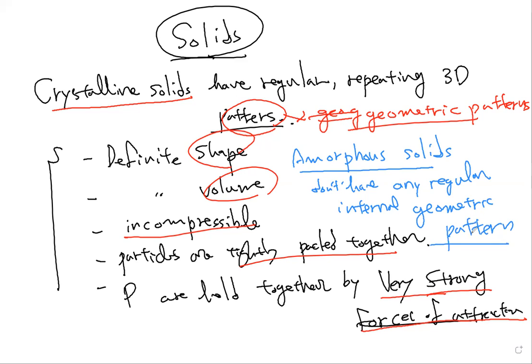The particles don't have any geometric patterns. That's the amorphous solids. Don't forget the differences between amorphous solids and crystalline solids.